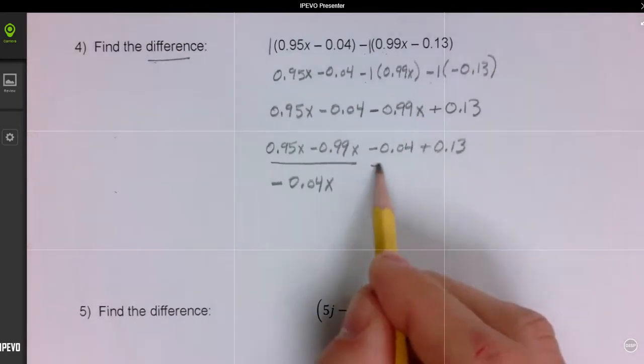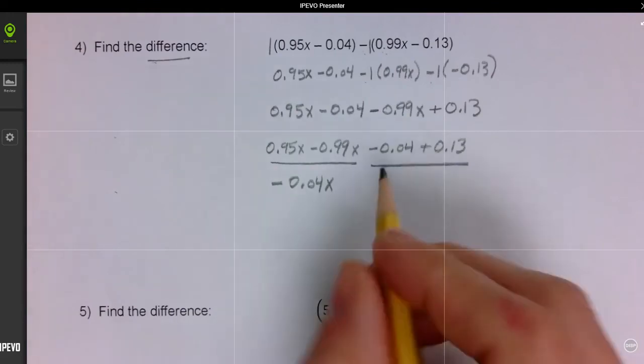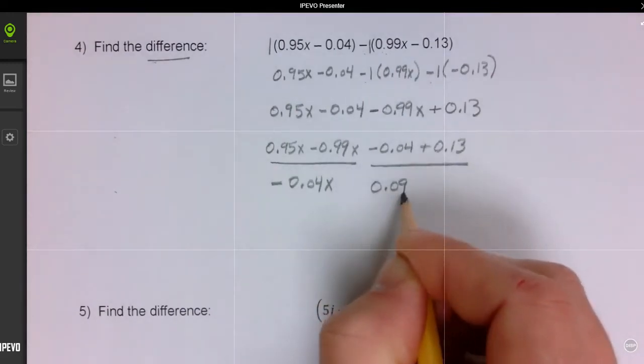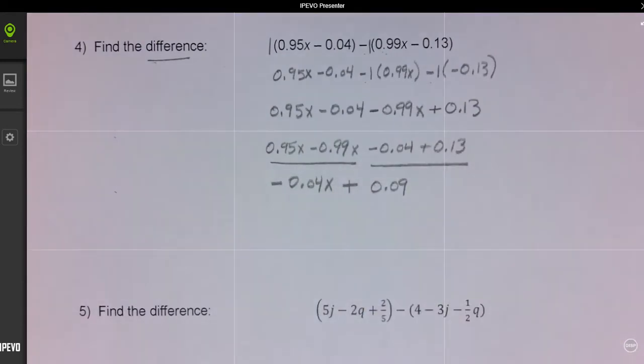When I combine my constants, negative 4 hundredths plus 13 hundredths, again, they have different signs, so I'll subtract. 13 hundredths minus 4 hundredths is going to be 9 hundredths. And it's going to be positive because the positive 13 hundredths has the greater absolute value. And so this is our final expression when we combine them, negative 4 hundredths x plus 9 hundredths.